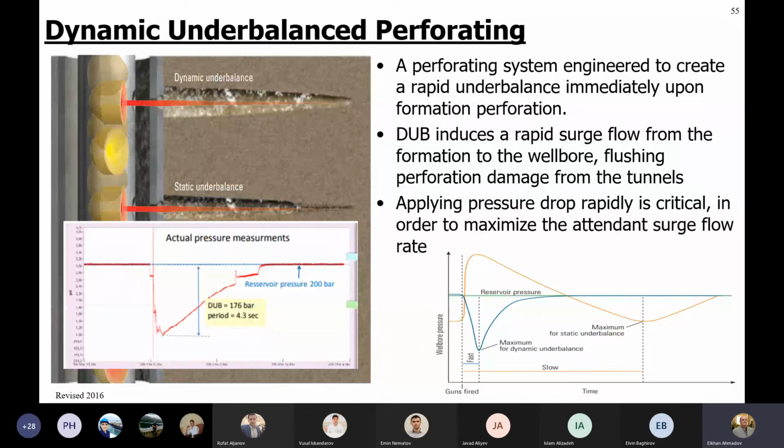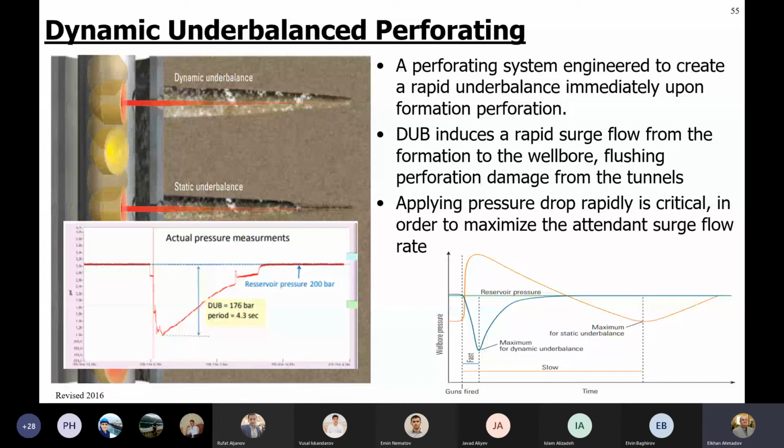Well, we started with the overbalance. Overbalanced perforating is more conventional, classical, because we want to keep the well under control. So there is no kickoff, no blow up of the reservoir fluids to the surface.